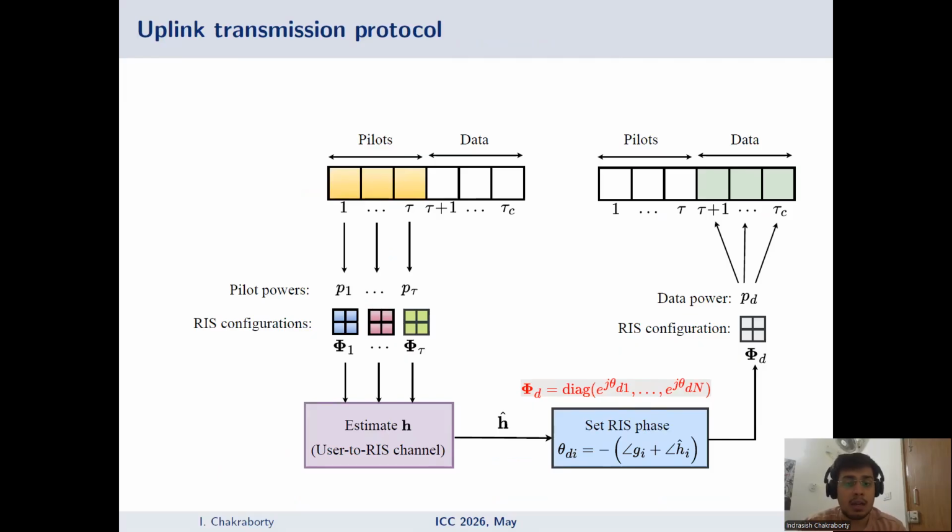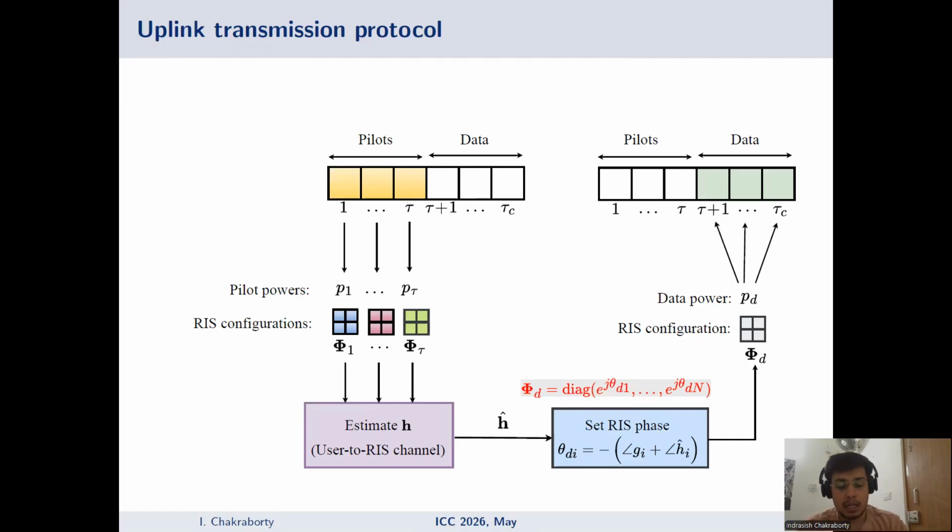As I said, tau c is the coherence time, and in the first tau intervals we send the pilots, the rest are for data transmission. For the pilot transmission, we send pilot signals. We consider the pilot signals to be 1 without any loss of generality. And they have the pilot powers P1 to P tau, and the corresponding RIS configurations during training are phi1 to phi tau.